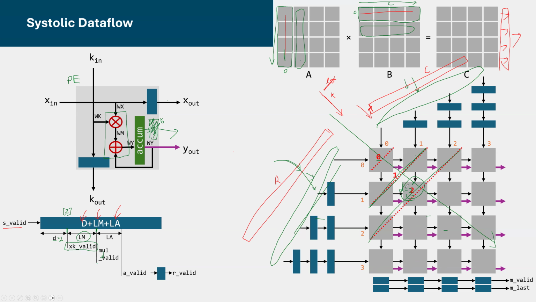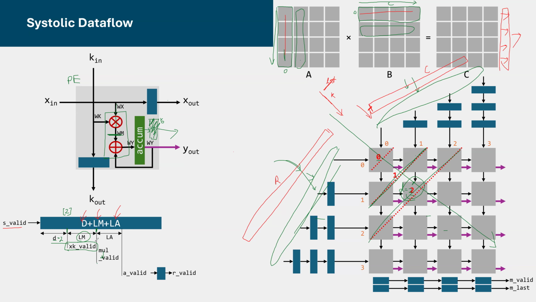So you have D equals 2. After 2 clocks, you have this xk valid. Then if you wait for LM, the latency of the multiplier, the data will go through this multiplier and you will get an output here. So now you know whether that output is valid or not.